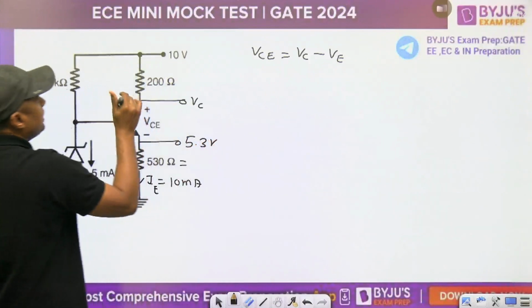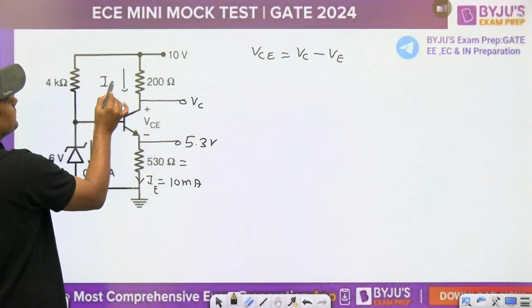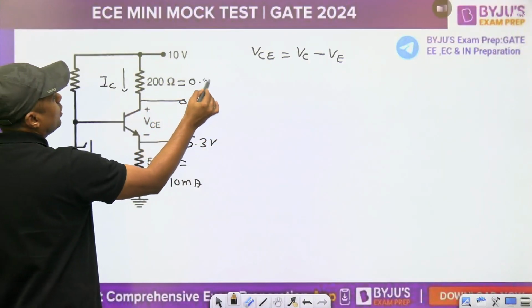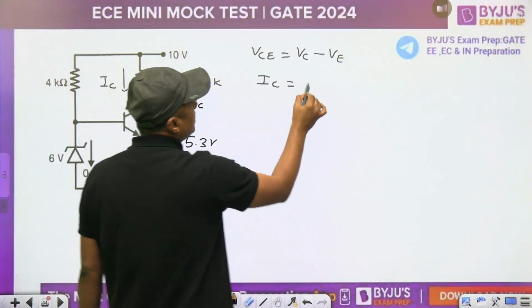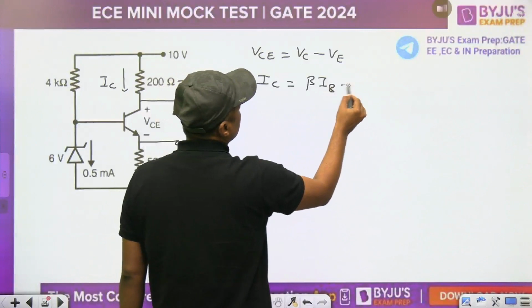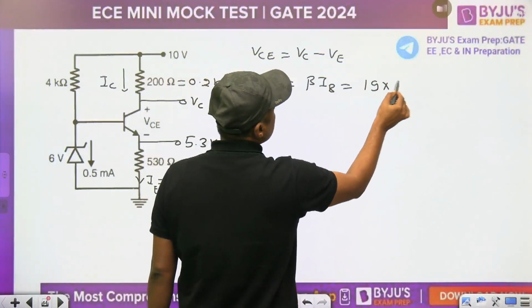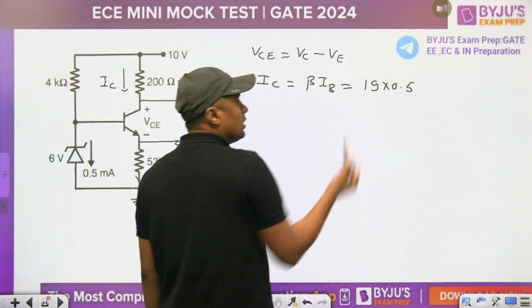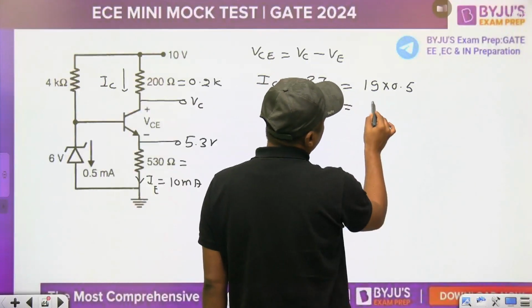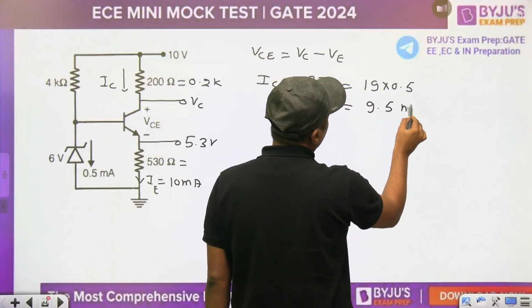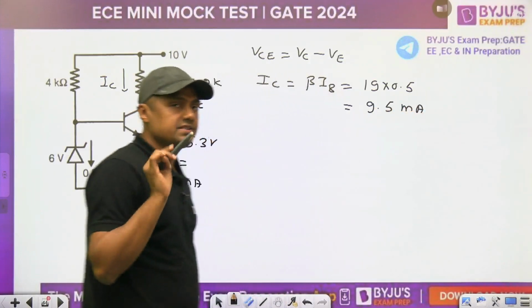Now what is the VC? What is the IC current here? That is the 0.2 kilo ohm. So IC is nothing but beta times IB. Beta is 19, IB is 0.5. Then 19 into 0.5 is 9.5 milliampere, that is the value of IC.